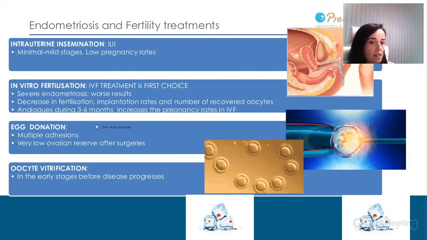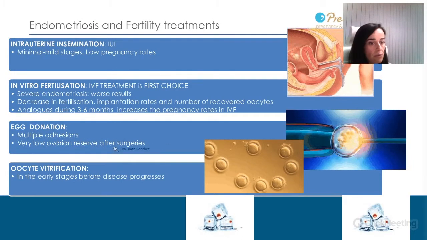A next step in the infertility treatment is egg donation. When can we offer this treatment? Well, in those women with a very, very low ovarian reserve after several surgeries, whose ovaries don't respond to the stimulation, it's impossible to get oocytes, so they have to go to egg donation.